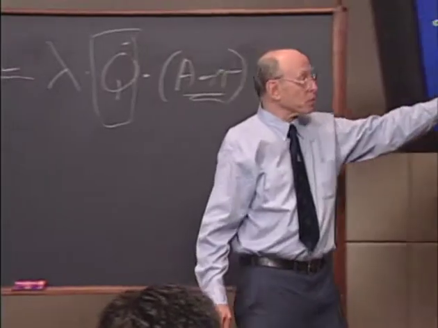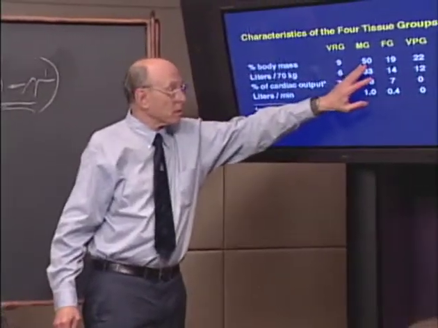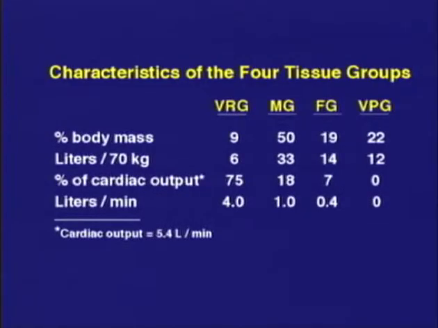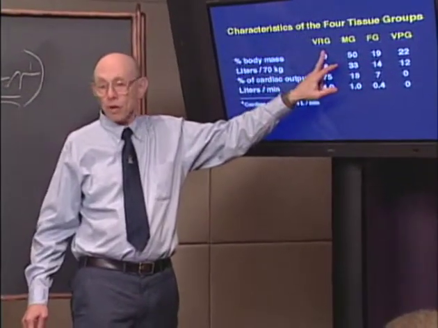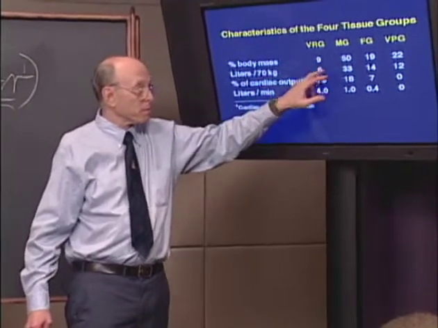But this tissue group, much bigger, has a much smaller blood flow. And therefore, its time constant is going to be what? Shorter or longer than with the vessel-rich group? Much longer. 30 to 60 to 90 times longer than with the vessel-rich group.